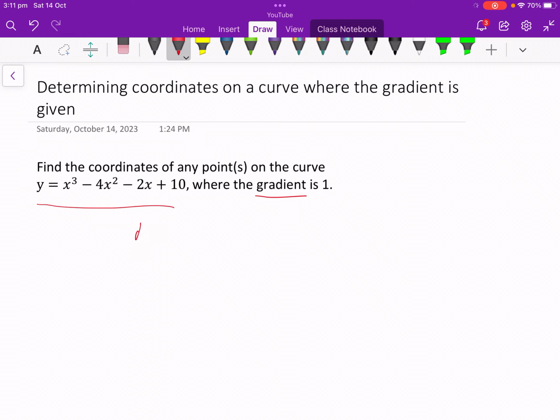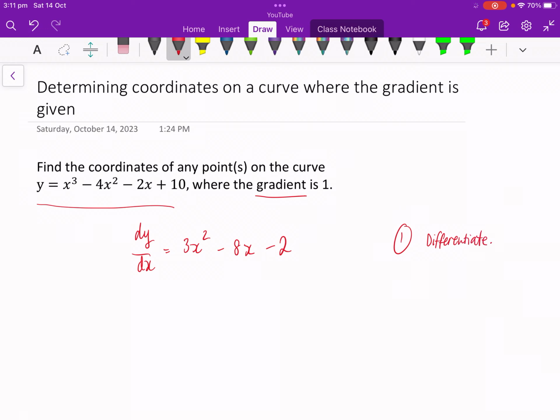So let's differentiate it. dy dx is equal to 3x squared, take 8x, take 2. If you're not sure about how I got that answer, go back a few videos to some of my differentiation basics, just so you can have a bit of a debrief on how differentiation works. But I'm moving on. So my first step is to differentiate.